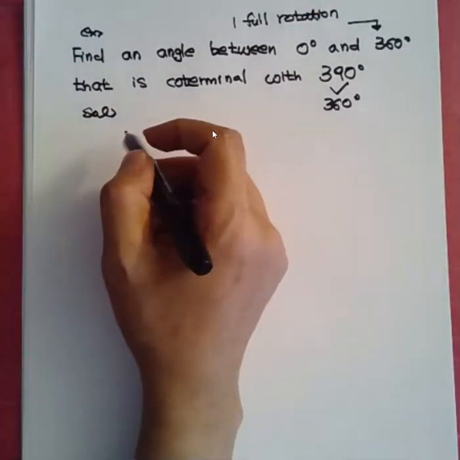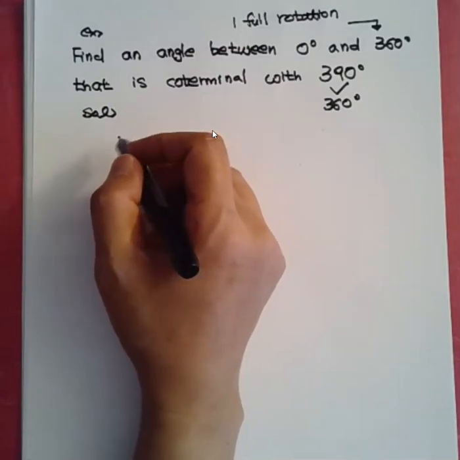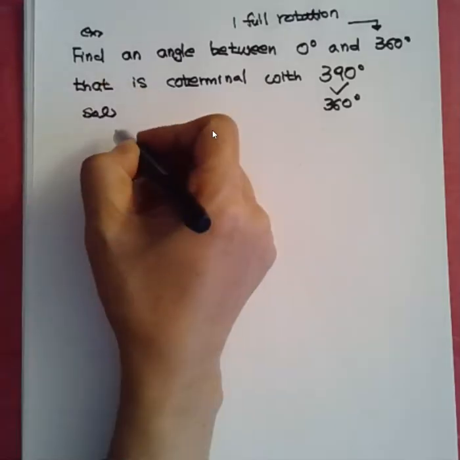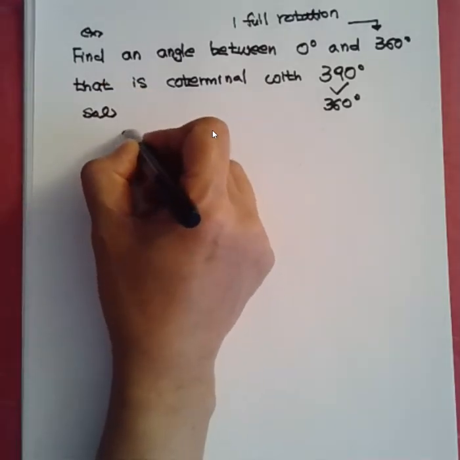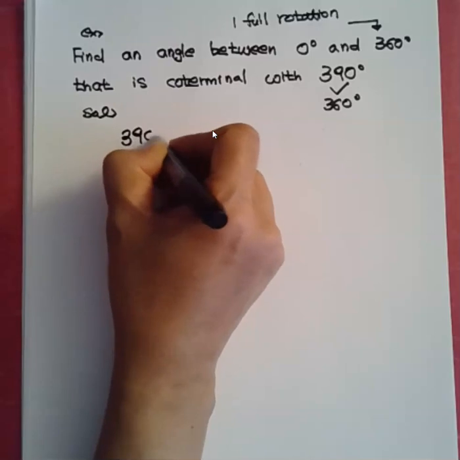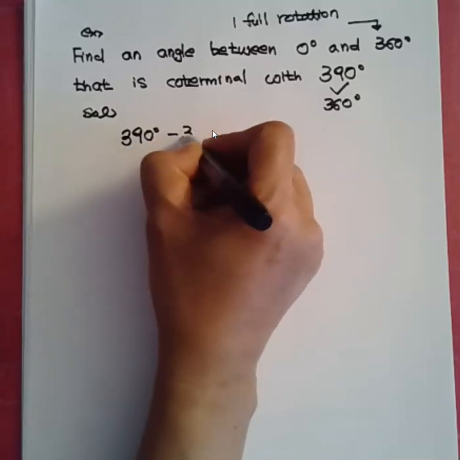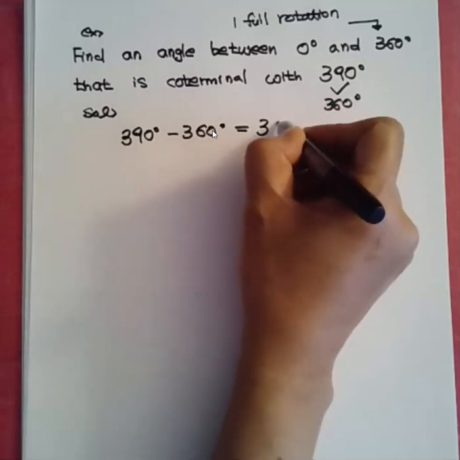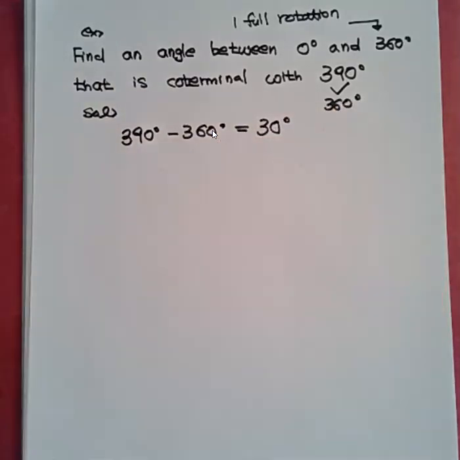What we pointed out was that differences in coterminal angles should be multiples of 360 degrees. So in this case, all we have to do is 390 degrees minus 360 degrees. That becomes 30 degrees.